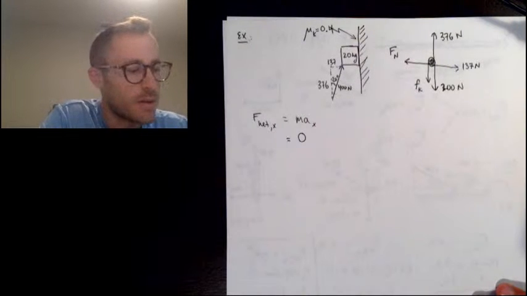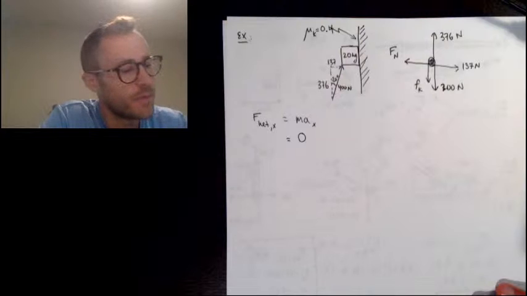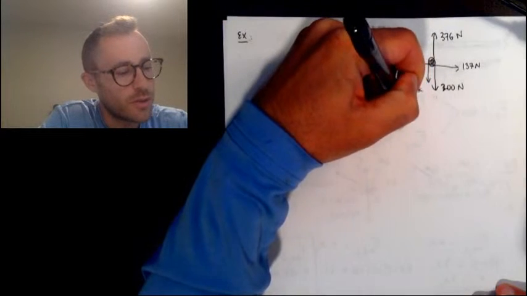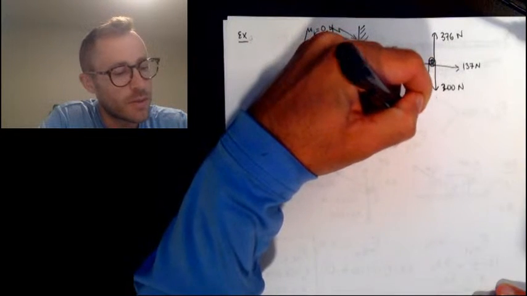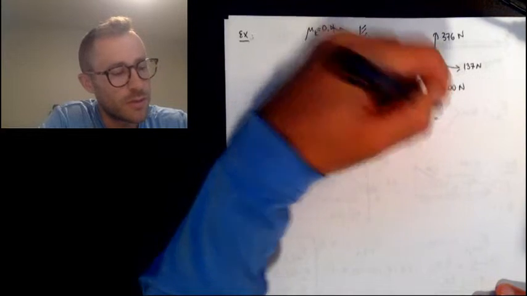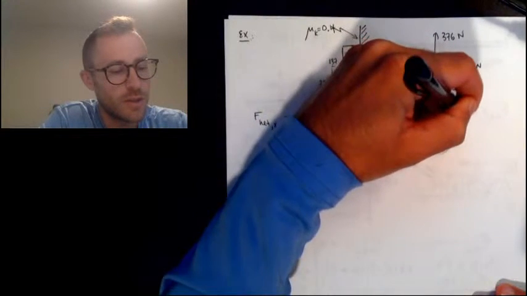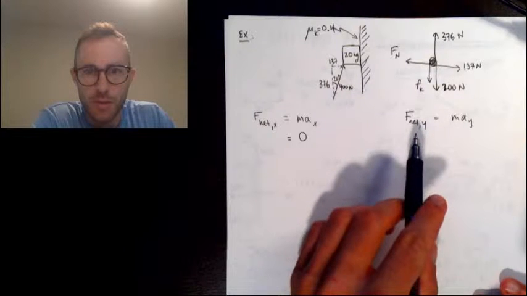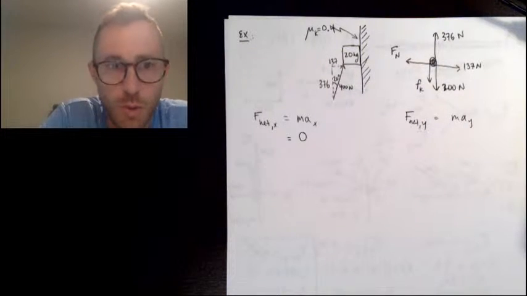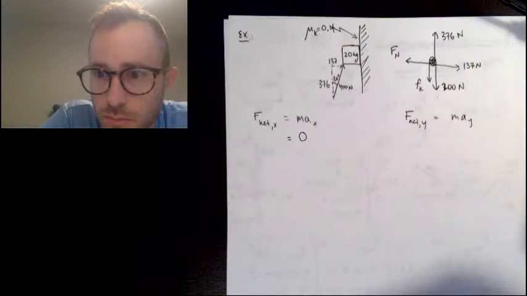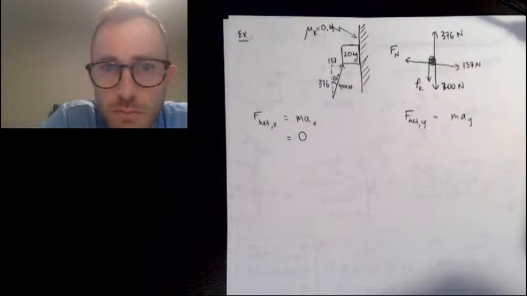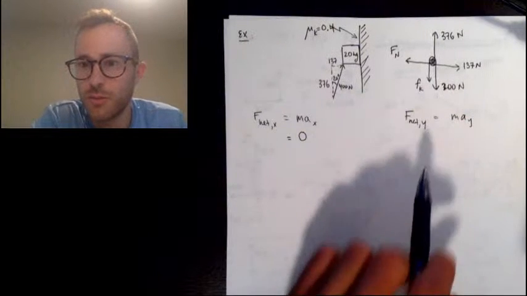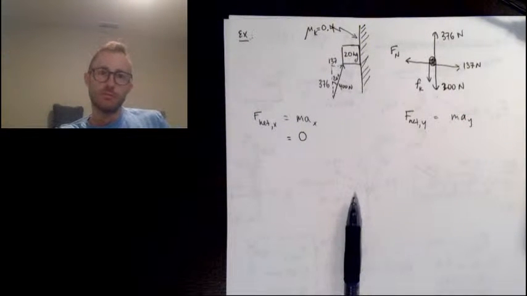And by the way, we're also going to do a net force in the y direction equals m times a sub y. So if you want to type in an expression for the net force in the y direction, then you could do that as well. I'm waiting for a response.